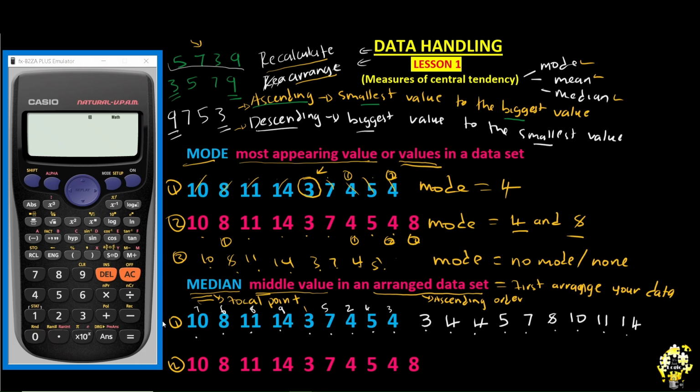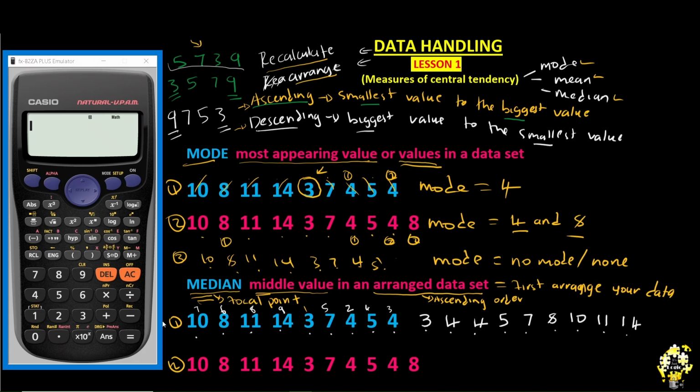I can go back and say, on top of 11, there is no number. That means that I didn't count 11. I must go back and fix my arranged set. So by doing this, you will not miss any value. And remember, if you miss a value, you are going to get a wrong median.